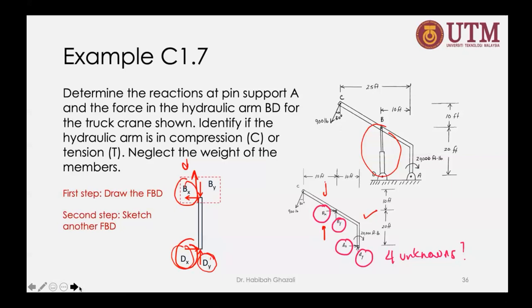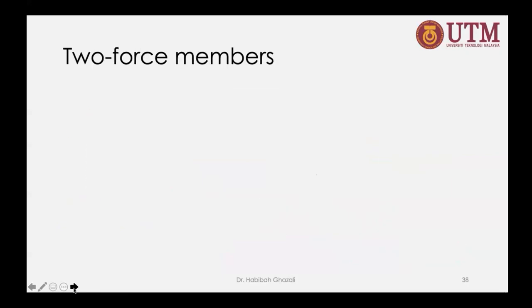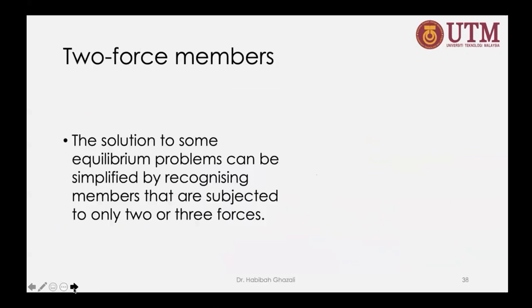As Ashraf said just now, he identified that this is a 2-force member. So this hydraulic arm is considered a 2-force member. What is a 2-force member? If you can recognize the 2-force member, you can simplify the solution for your equilibrium equations. So a 2-force member is a member that is subjected to only two forces.